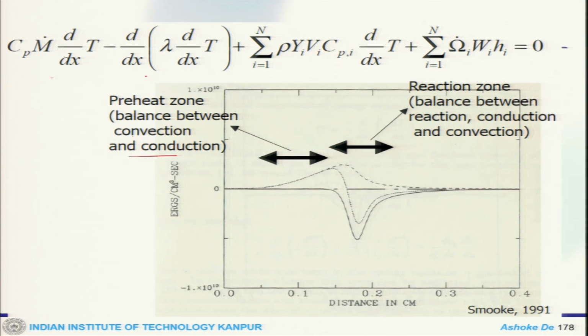That means this is the term and this term, and this is the preheat zone, and this side is the reaction zone. So this is a balance between reaction, conduction and convection, and these are the different terms you can plot and see how they vary from one zone to another zone.